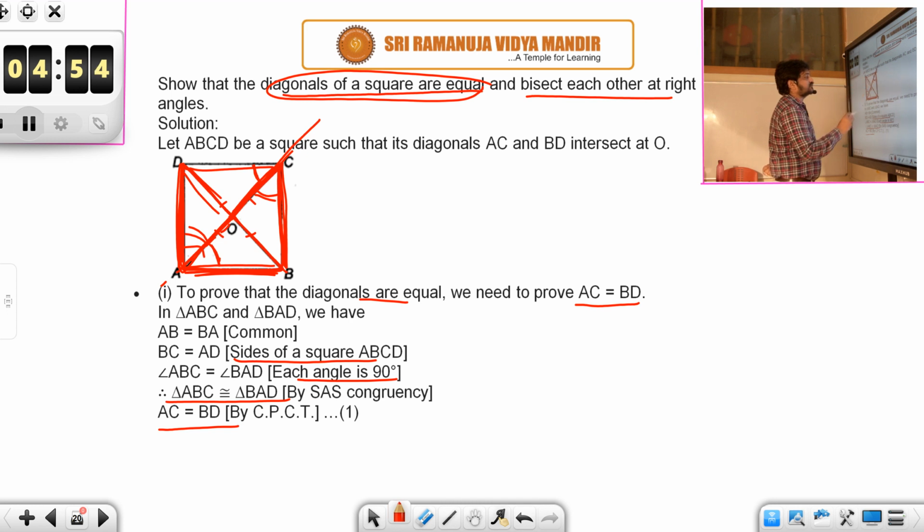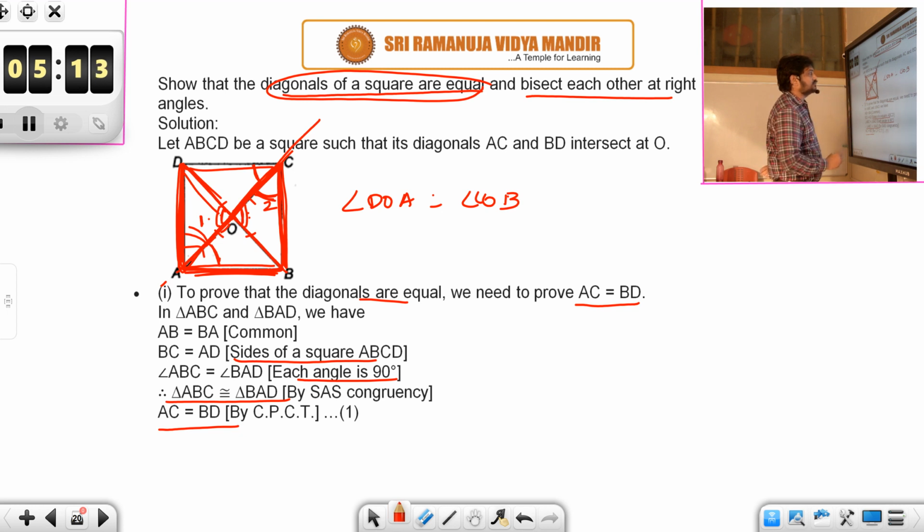Now in these two triangles, if you look at this angle and this angle, they will be equal. The reason is they are vertically opposite angles. That is, angle DOA will be equal to angle COB. And say this is 1 and this is 2.